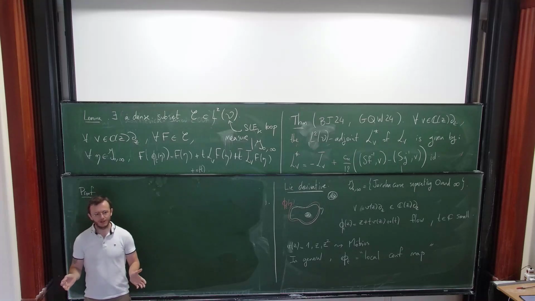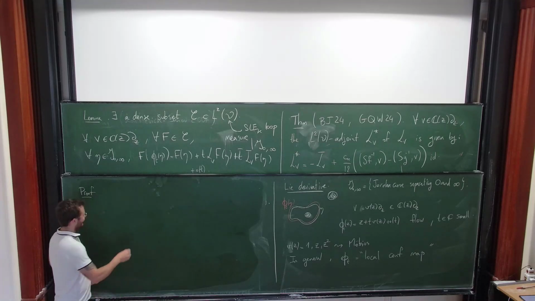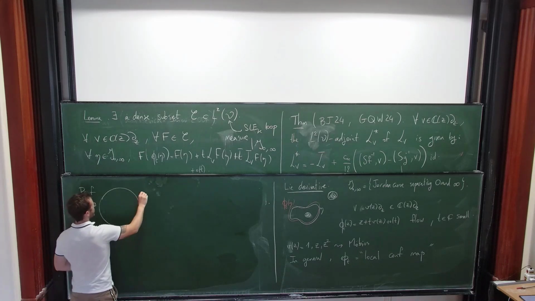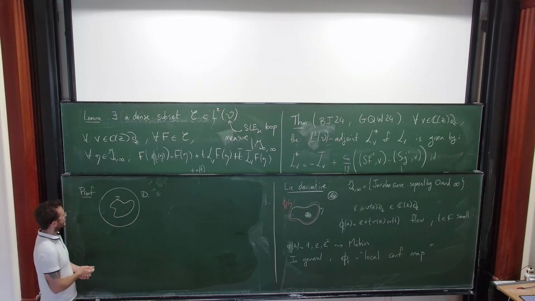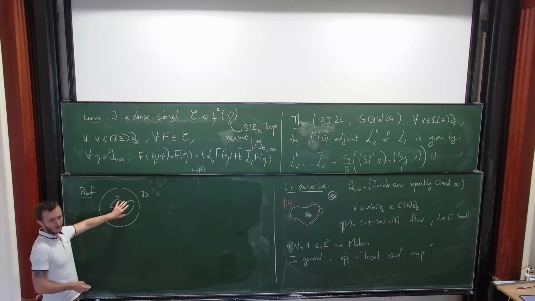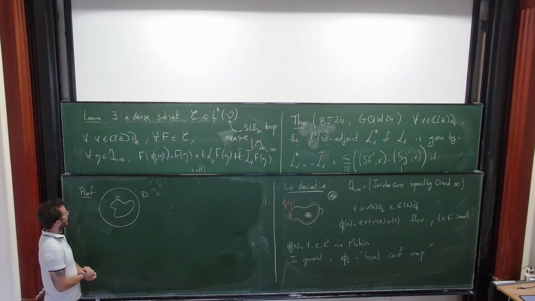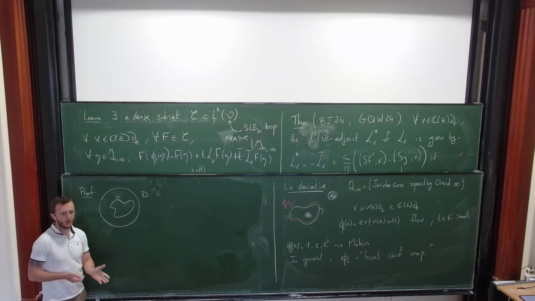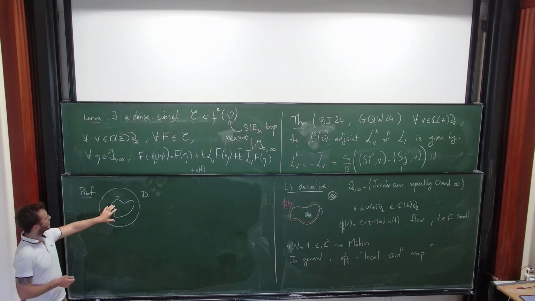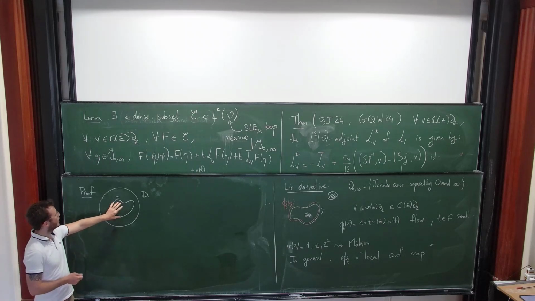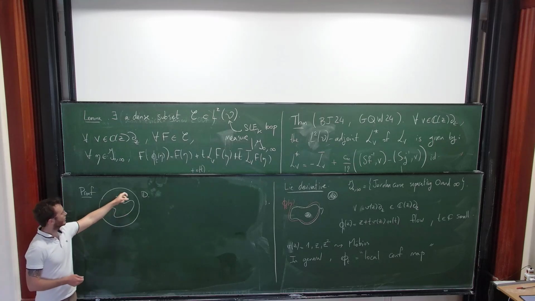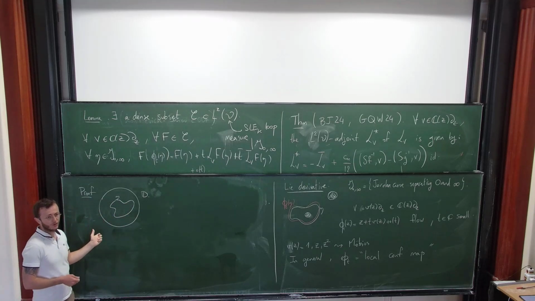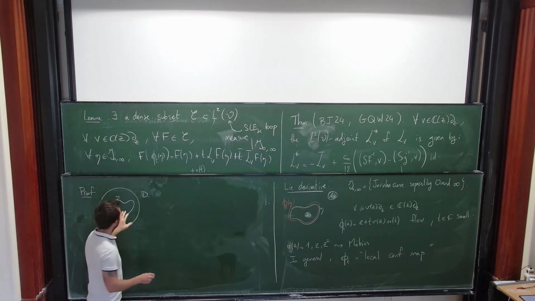Let me call this disk now the unit disk. So this is the unit disk. I have a curve eta in here, and I'm perturbing slightly my curve eta in there. And I want to understand what happens here. So first, using some conformal map, perturbing the curve eta amounts basically to perturbing the boundary of my domain D and fixing the curve eta.